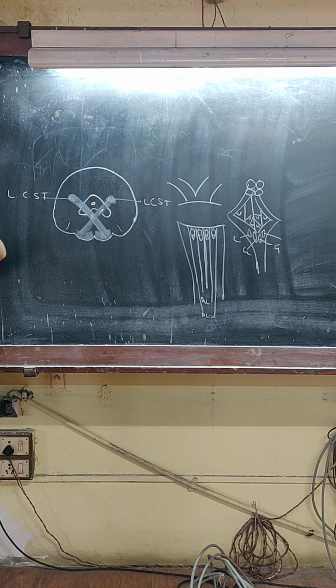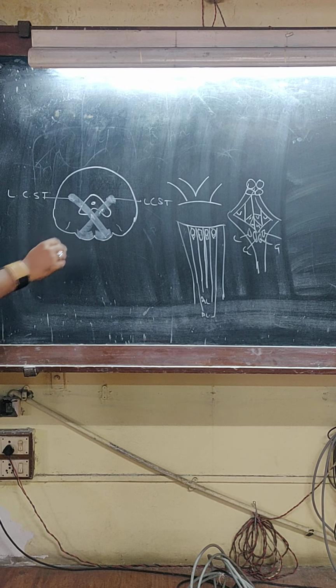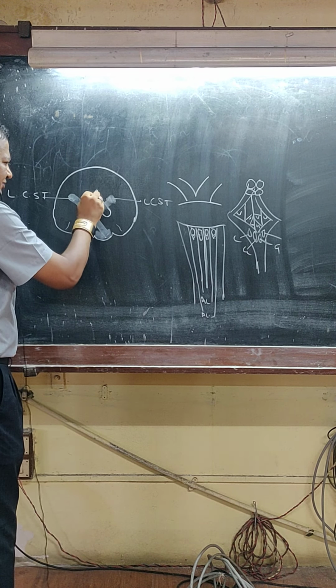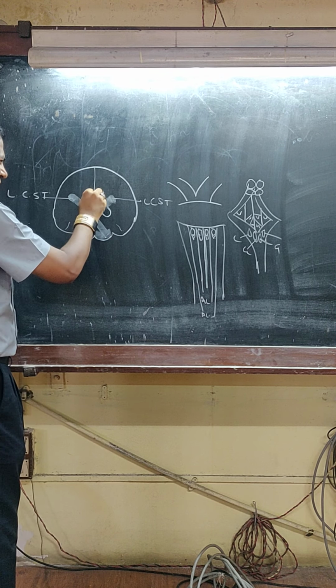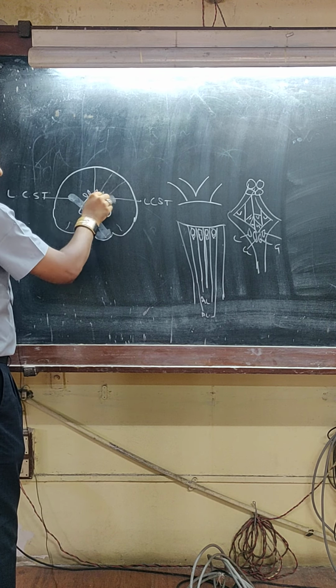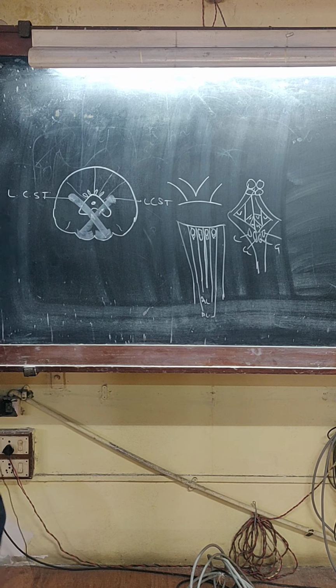Now, what about the other things? The gracile tubercle will be like this only. Cuneate tubercle will be like this. Okay, so tractus gracilis, tractus cuneatus. Now what about the other design?